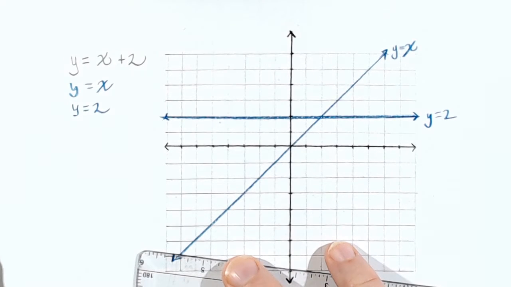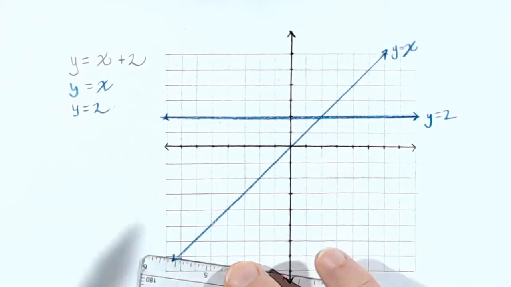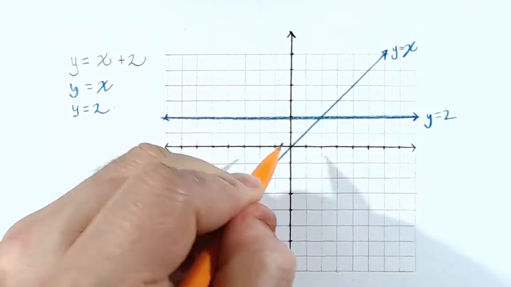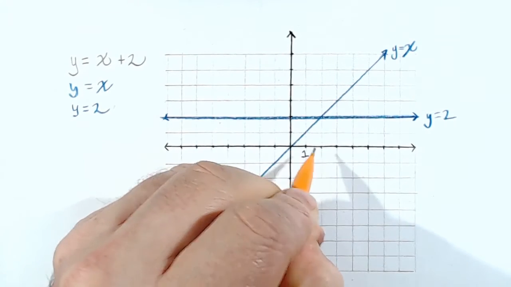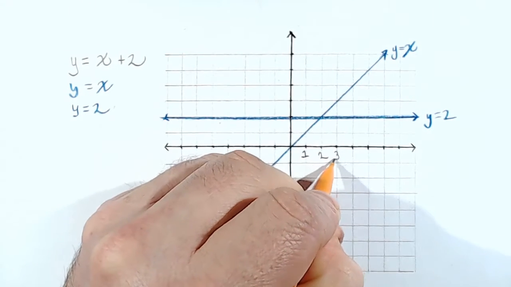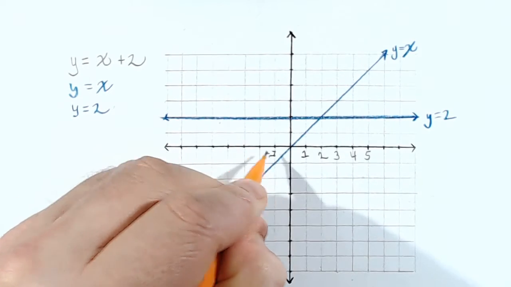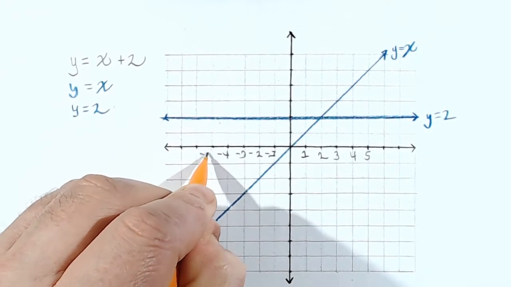Like I said, I want us to find out what would happen if we were to add these two lines together. So what do I mean by adding two lines together? Well, what I mean is, let's check what these y values are at different x values. So let me write in my x values here: 1, 2, 3, 4, 5, -1, -2, -3, -4, -5.